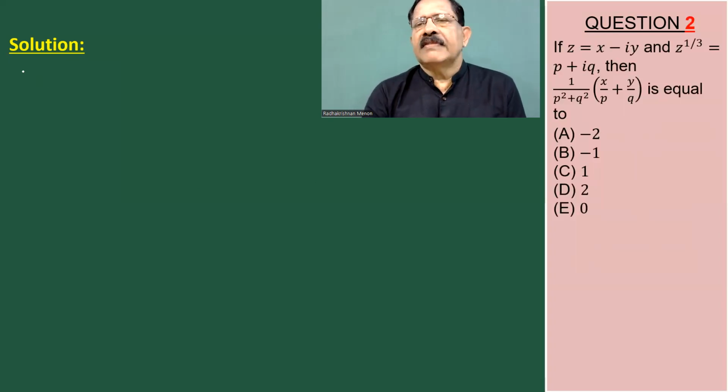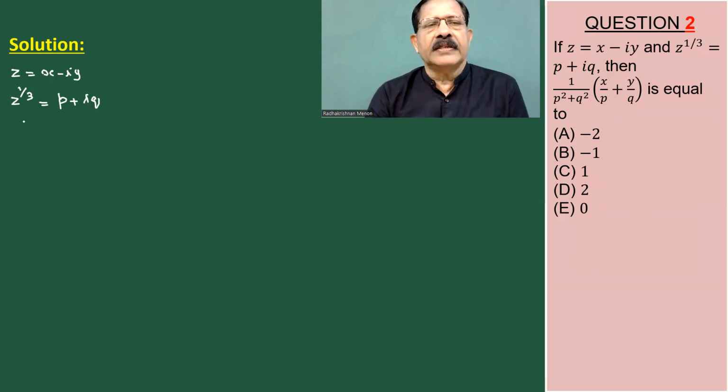What is it? It is given that z is equal to x minus iy. Another equation is given, z raised to 1 by 3 is equal to p plus iq. So we have to find the value of the given expression. Okay, let us simplify this. Instead of z, I am writing x minus iy.